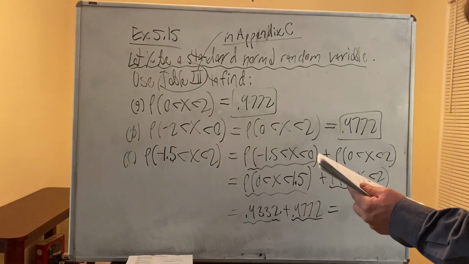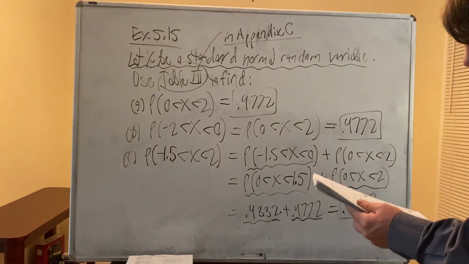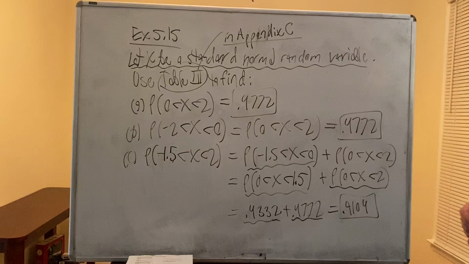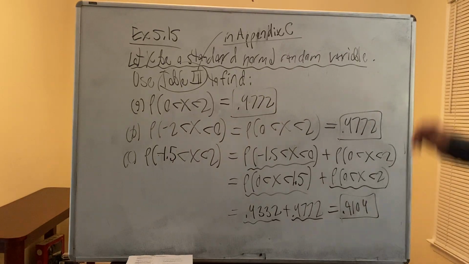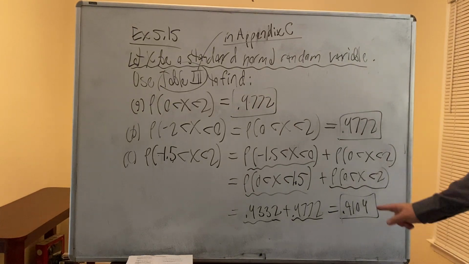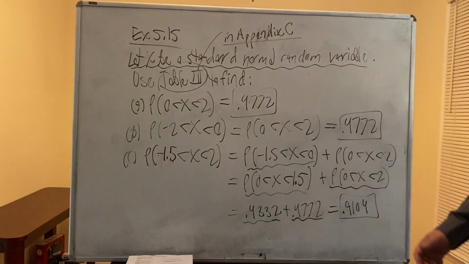So you add those two up and you get 0.9104. Okay, and so that probability is 0.9104. So that's C.